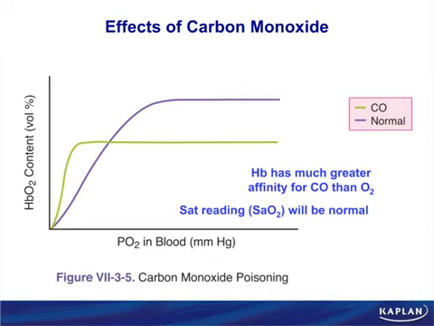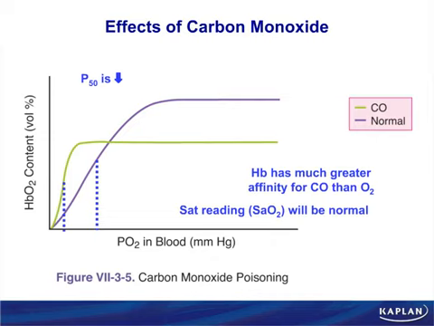Now, notice that the P50 actually goes down, which means the oxygen that is bound is held more tightly. This is a double whammy to the tissues if you think about it. Oxygen content is down, robbing the tissues of their grocery, oxygen.